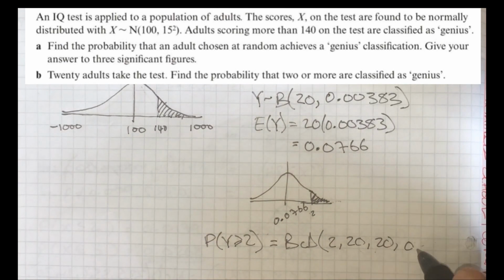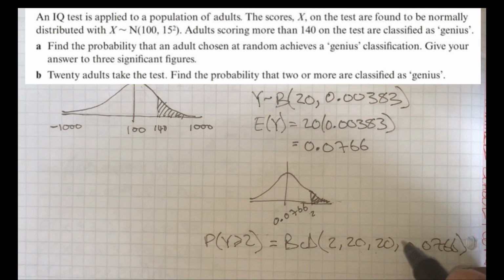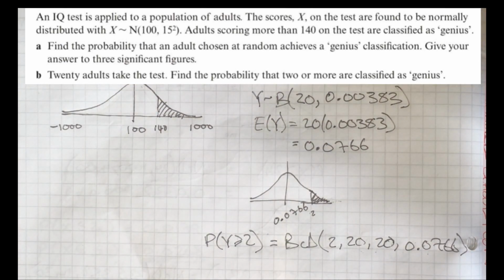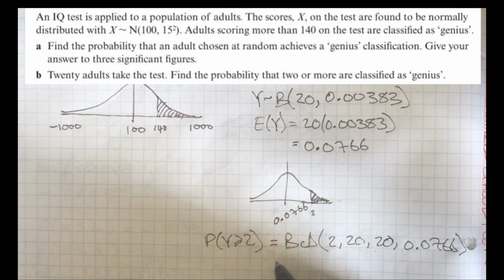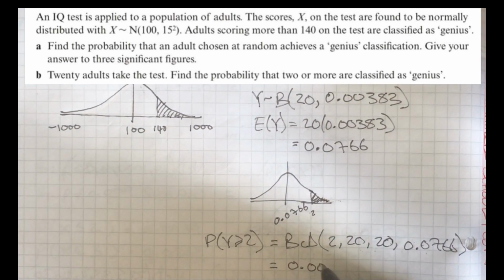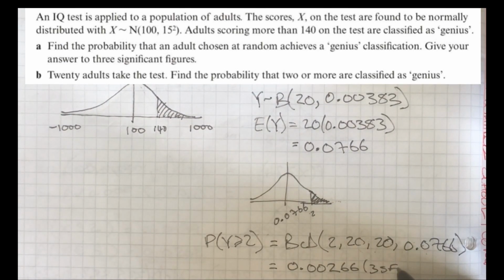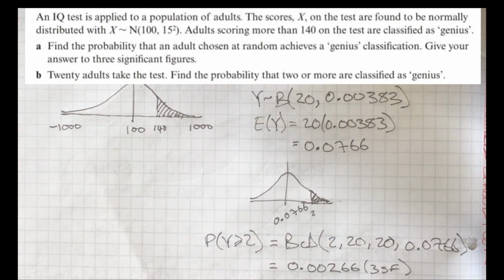The probability that y is greater than or equal to 2. Well, we're doing a binomial cumulative distribution function calculation, and we put in our numbers again, the minimum, maximum, n value, p value, press enter, and there we go. Probability is 0.00266, once again to 3 significant figures.